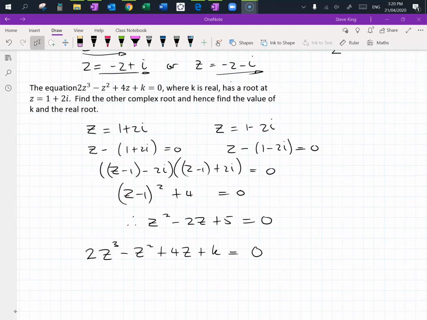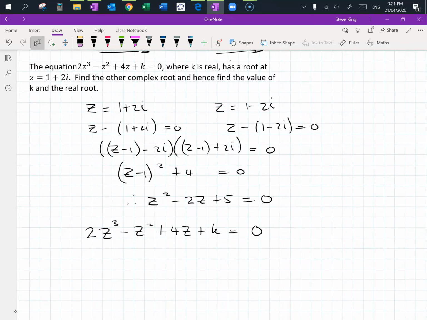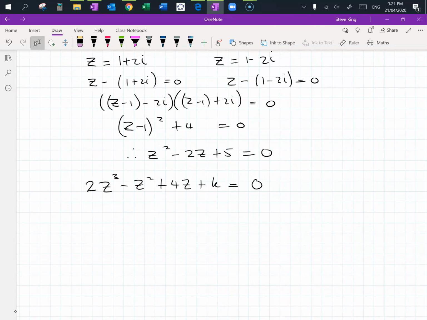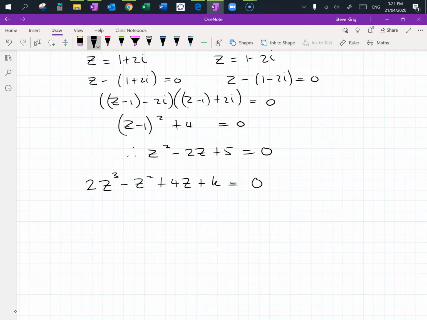If we want to find out what the real factor is, we need to know what that value of k is. And in order to do that, we need to have a value that will satisfy the equation. And they've told us that. They've told us that z equals 1 plus 2i is a root of the equation. So I know that I can substitute z equals 1 plus 2i into this. So I need to put it into here.